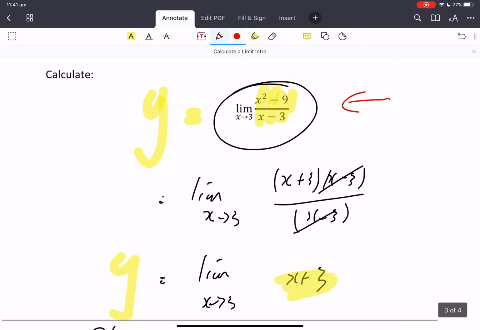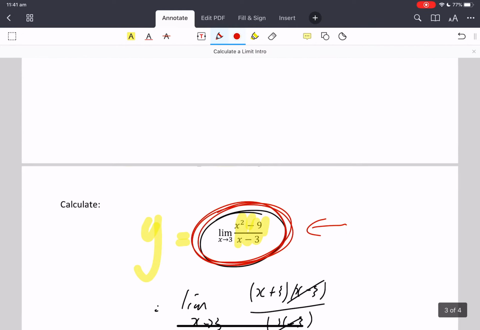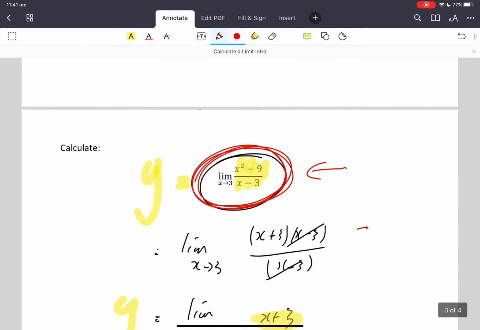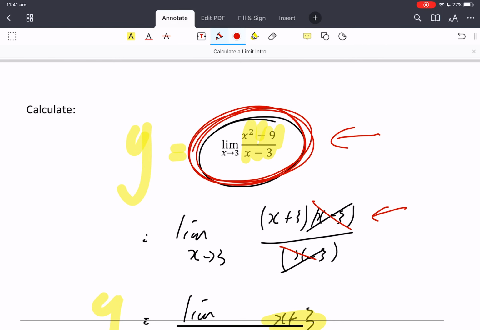Anyway, for you guys, you need to be able to calculate limits, and it will be to do with factorising the top, cancelling your factors, and then getting your answer. And this leads on to differential calculus, which we'll get to in the next lesson, and we need to divide by 0, and this is how we do it.